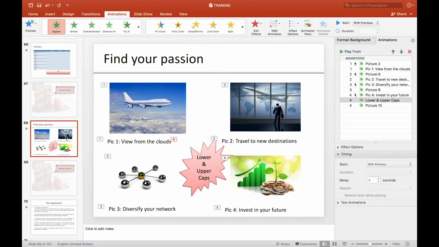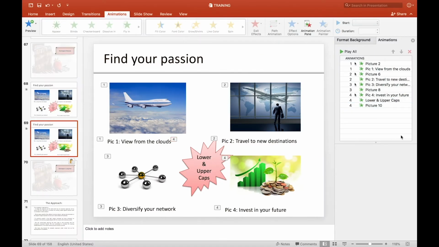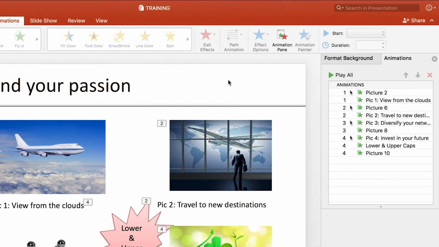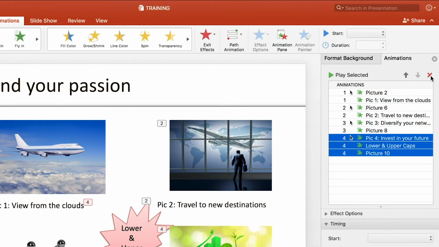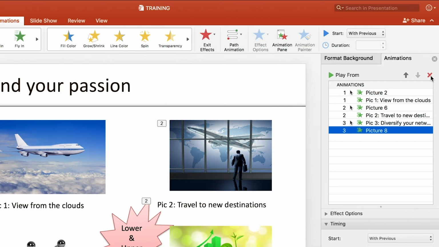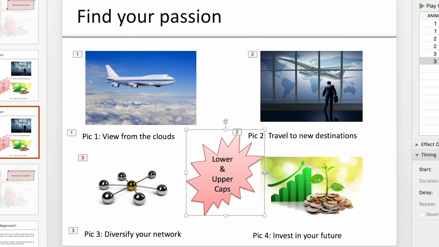If you just follow with me, I'm going to copy the slide across, and if you have a look at this animation pane, you would see that there's numbers all aligned to the picture and the description. What I want to do is just remove the animation on the last few pictures so that you can see what I've done here.